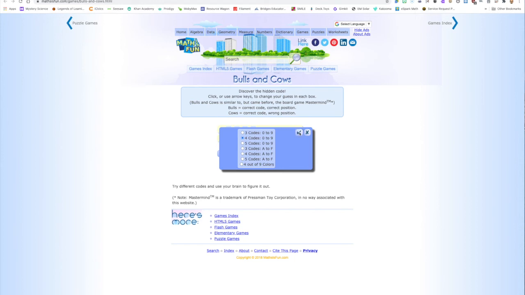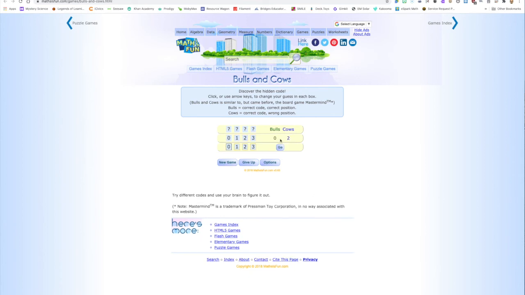So how it works is if we click here, I have the numbers 0, 1, 2, 3, 4. You have to use 4 different numbers, and if it says you have a bull, you have the correct code in the correct position. A cow means you have the correct code in the wrong position. So if I have 2 cows, that means 2 of these numbers are right. They're just in the wrong spot.